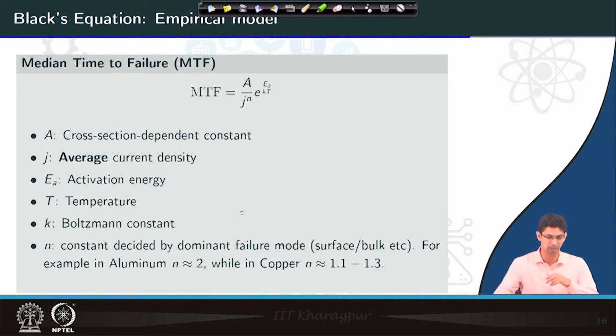In the reference papers by J.R. Black, you can see that for aluminum n is around 2, while for copper n is around 1.1 to 1.3. One thing that should be clear is that a high median time to failure is desired. The higher this quantity, the better is our interconnect or device.